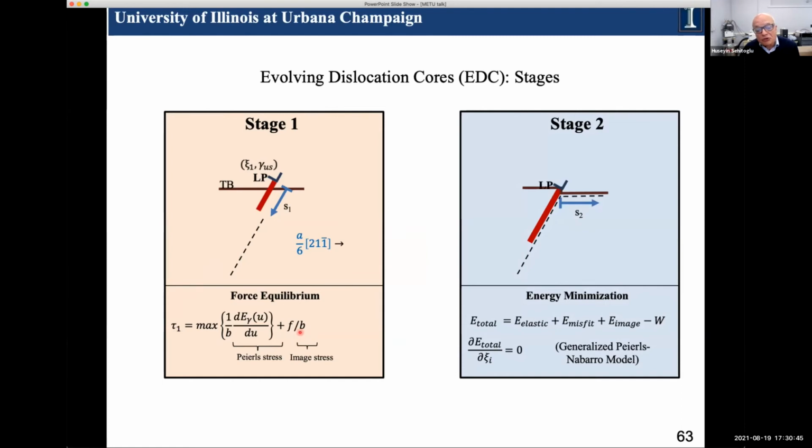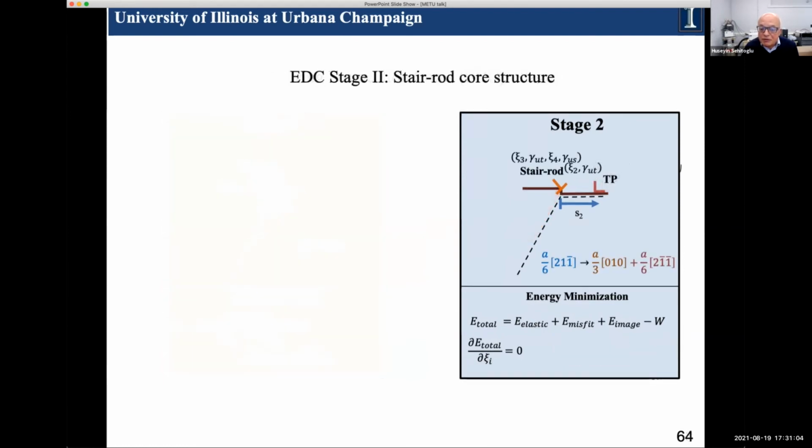There's an image stress, of course, when the slip approaches the twin. So there's elastic energy, misfit energy, image stress, and then applied work. This is the core width of the dislocations. So this is an incorporation reaction. There's a stair rod here. That's the residual dislocation here.